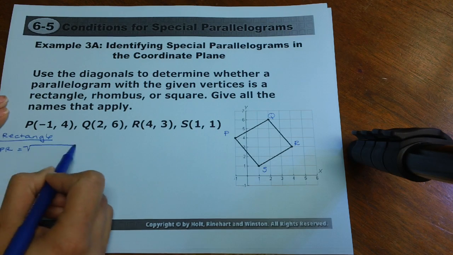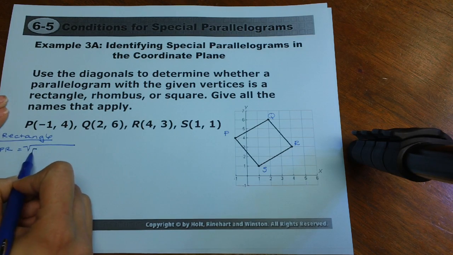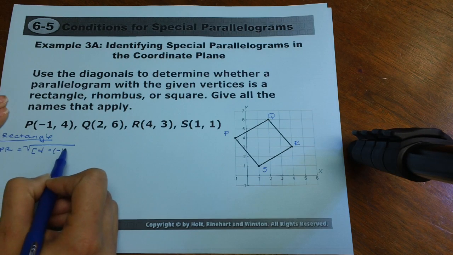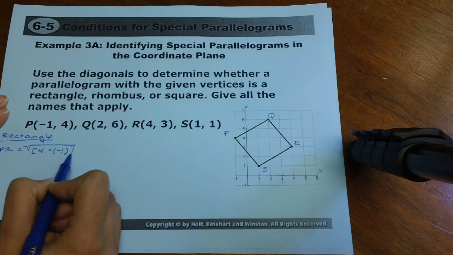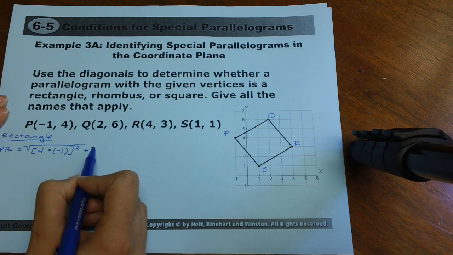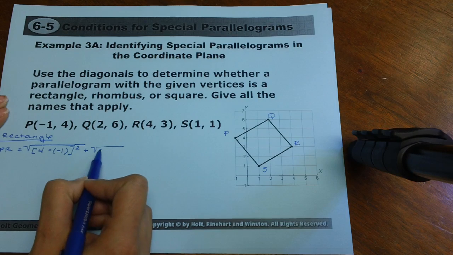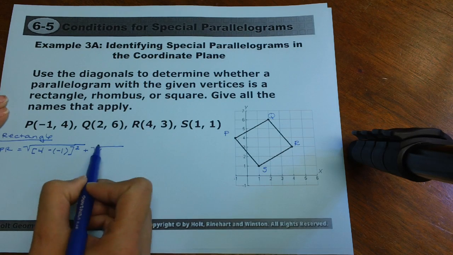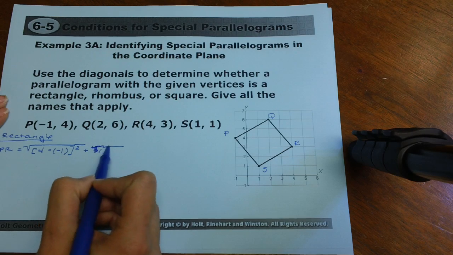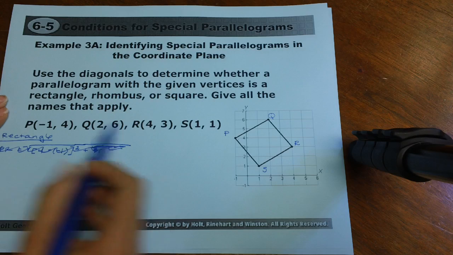PR distance formula, I'm going to take the square root of 4 minus a -1 squared plus... Oh, this is not two separate square roots. I don't know why I did that. We're going to pretend that that's not there. I'm going to rewrite the whole thing.